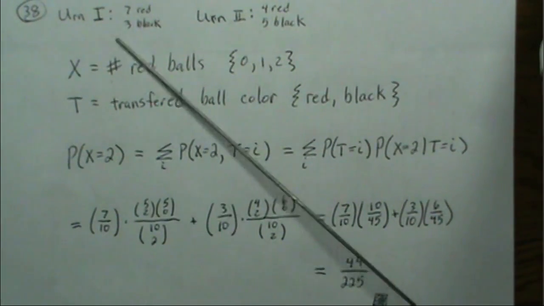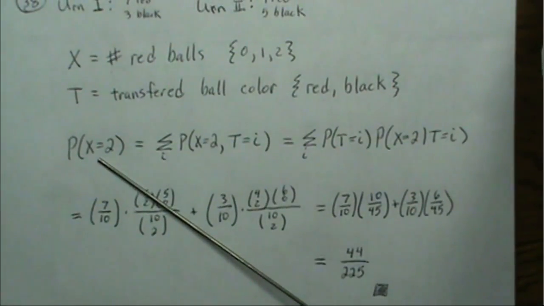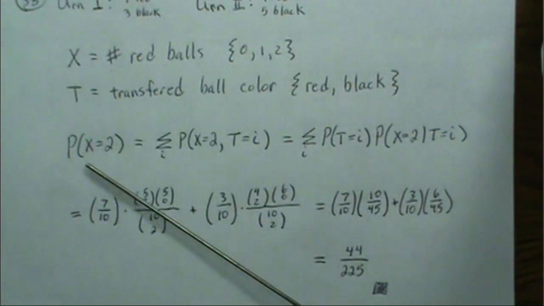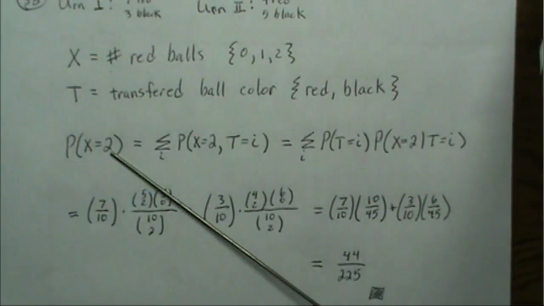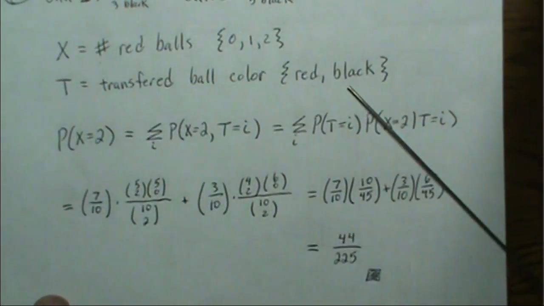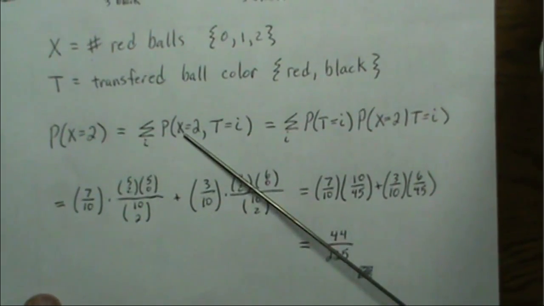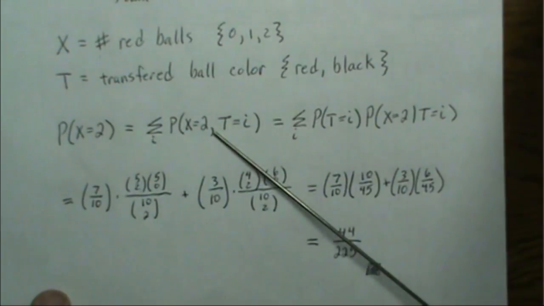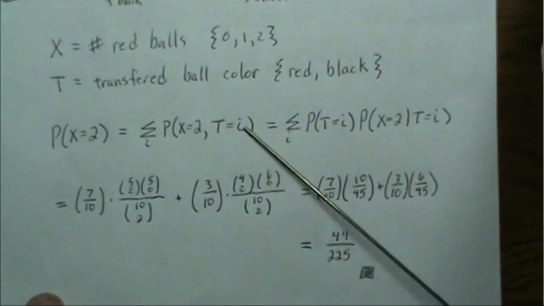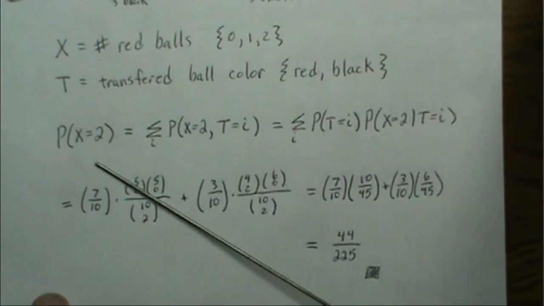If we knew that, we could fill in T. So we want to find the probability that X is 2, that both out of 2 draws are red. Now we introduce this variable T, which is the color of the transferred ball. So the probability that X is 2 and T is red, or T is black, this probability doesn't change.